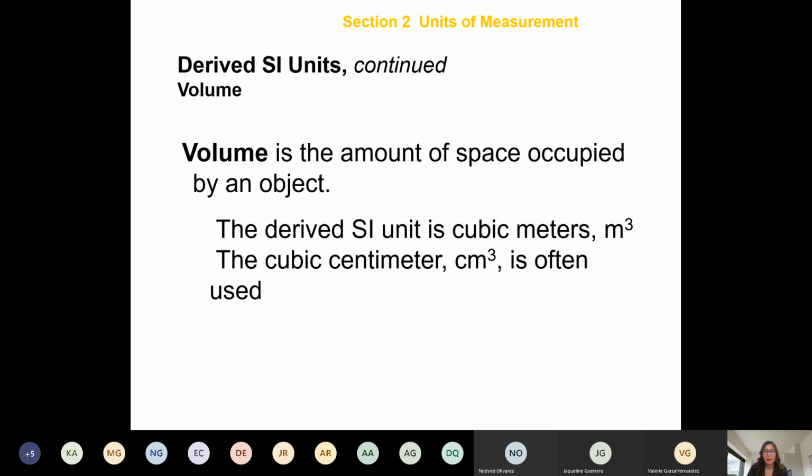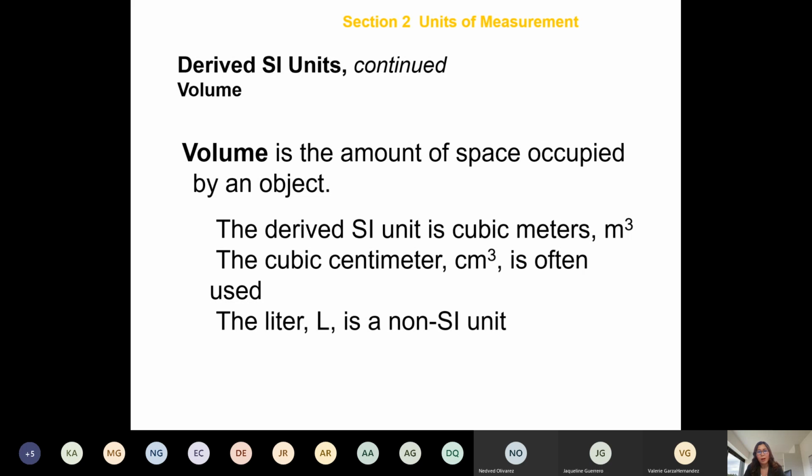Solids, we talked about it. If it's a regular solid, it's going to be length times width times height. But if it's a liquid, we're not going to measure it the same way. Hence, the unit is not going to be the same. When you're talking about liquids, most likely the unit is going to be the liter. And this one is not one of the base units for SI, but we are going to use it a lot here in class.